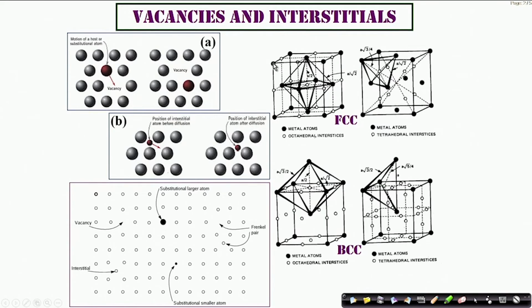So essentially 8 corners and 6 face centering positions are occupied. So 1/8 into 8 plus 1/2 into 6 will make it 1 plus 3. So you essentially expect in an elemental FCC crystal 4 effective number of atoms per unit cell.